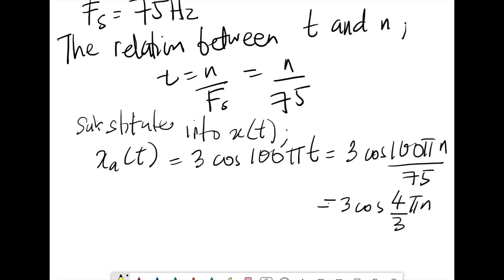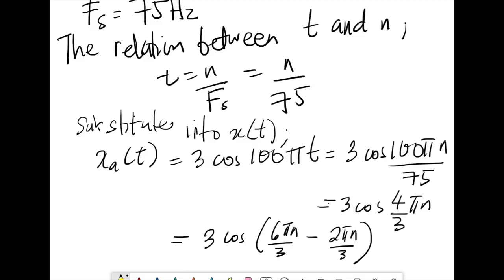Now you look at the side. This can be easily written as 3 cos 6 pi n over 3 minus 2 pi n over 3. Okay, and then we can simplify this.